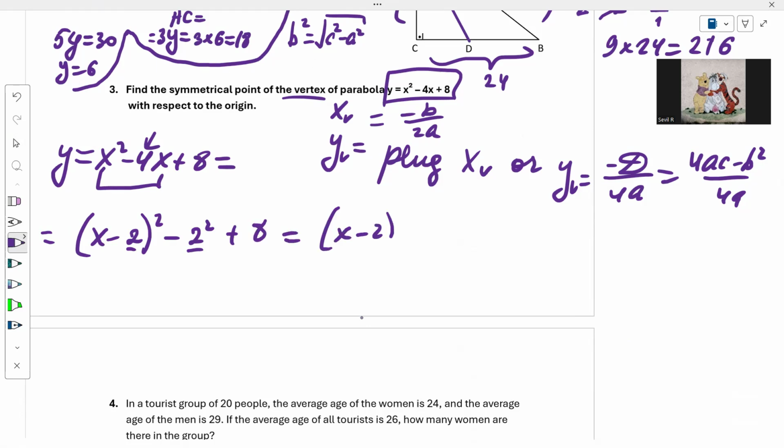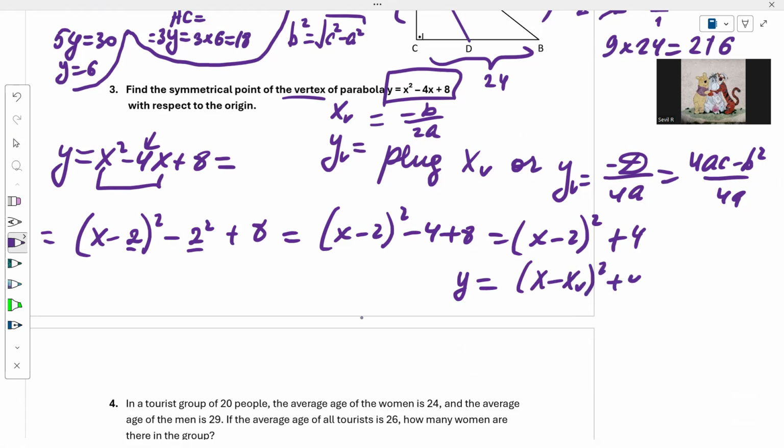So x minus 2 squared minus 4 plus 8 equals to x minus 2 squared plus 4. And then we just pick, according to the formula, it's called vertex form, x minus x vertex squared plus y vertex. We just pick x vertex equals to 2, because after minus, what number is there, it's our x vertex. Y vertex is 4.